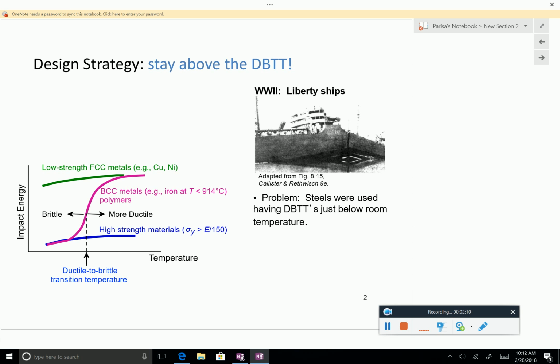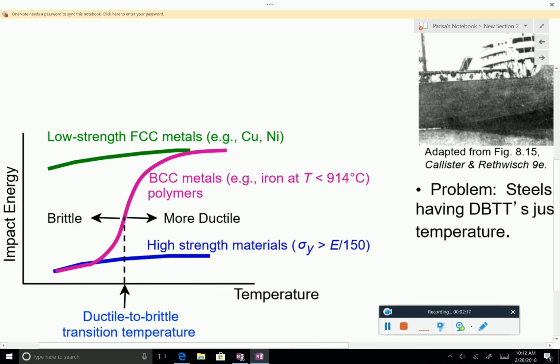Now, when I was teaching this before, I told you this depends on the microstructure. Not all metals are going to have this kind of behavior. And you saw some strange things written here, BCC, FCC. Today is the day to learn what these things are.